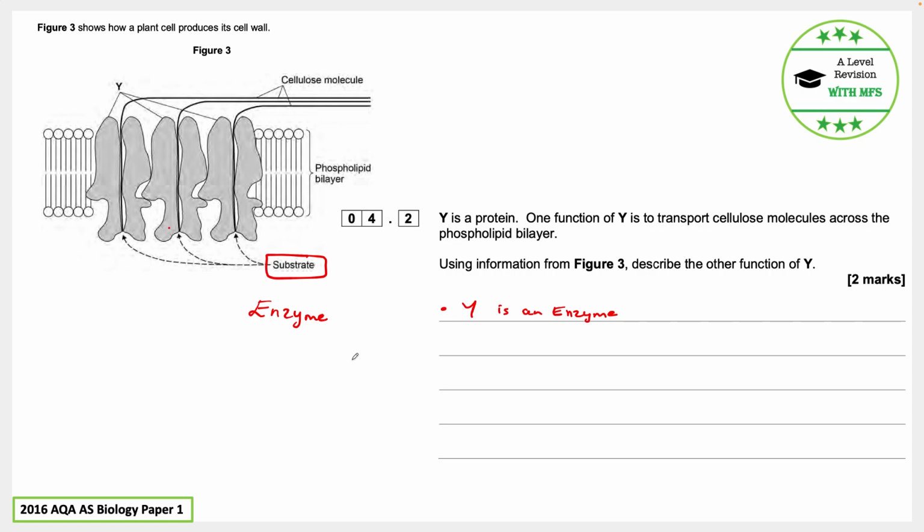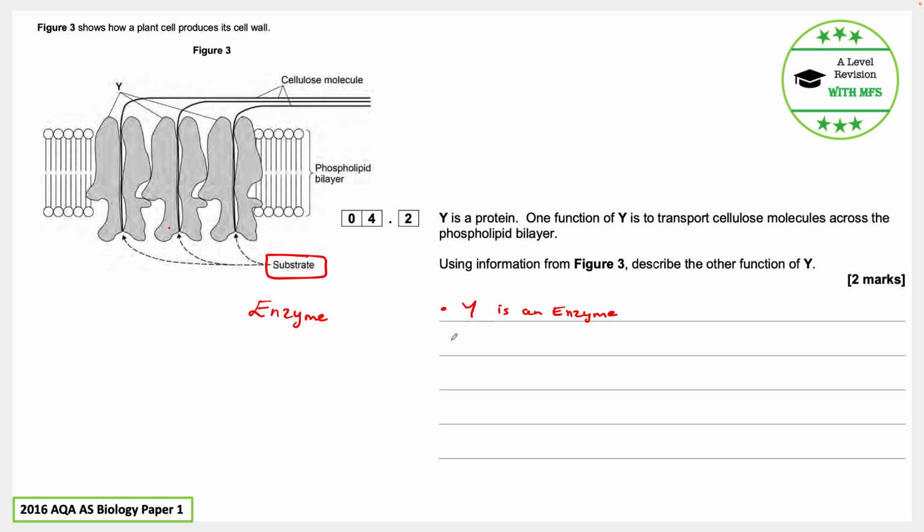Okay, and it's going to bind to the substrate and form an enzyme substrate complex. And what are the products? After the substrate has bound to the active site of the enzyme and an enzyme substrate complex has been formed, what's the products? Well, as you can see towards the end, we can see that cellulose is being produced.